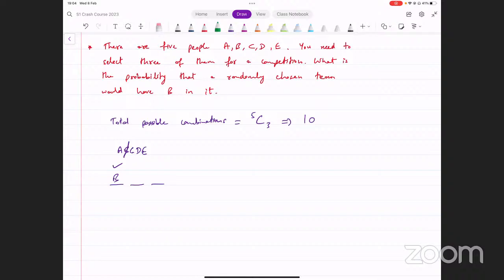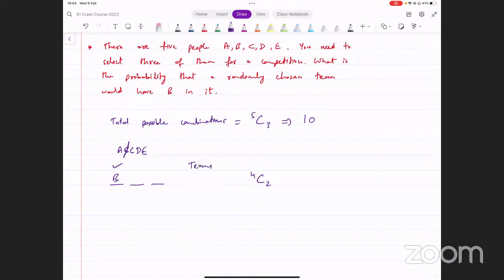So what's the possible number of teams that have B in them? That is going to be 4C2. These are the teams that have B in them.